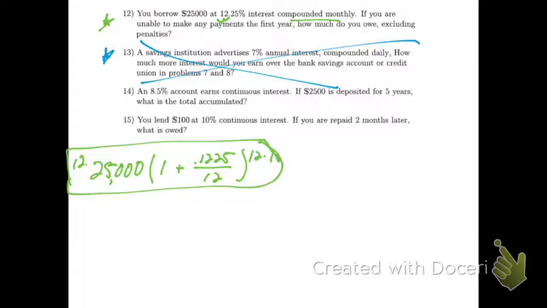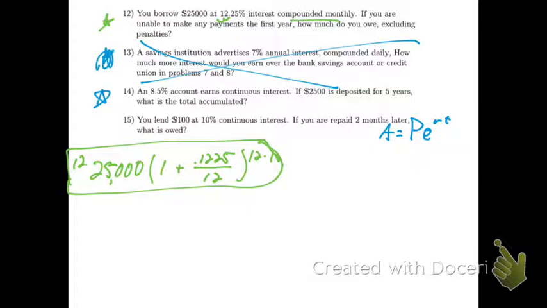Number 14, it says an 8.5% account earns continuous interest. That means we're using P, E to the RT will give us the amount. Okay?